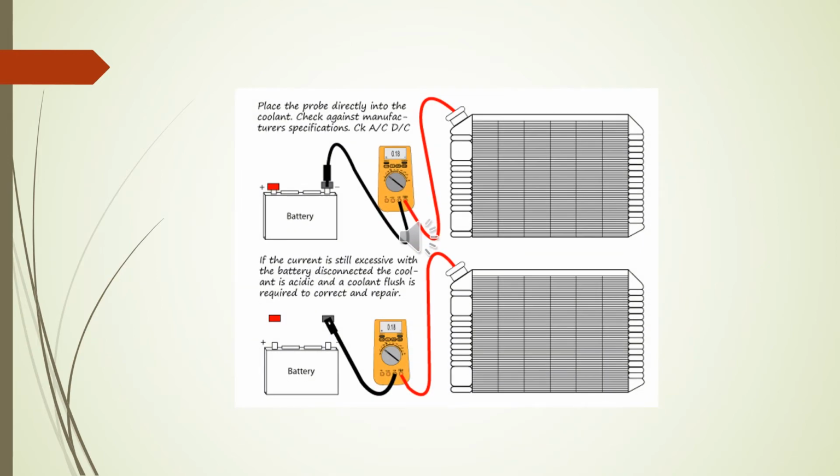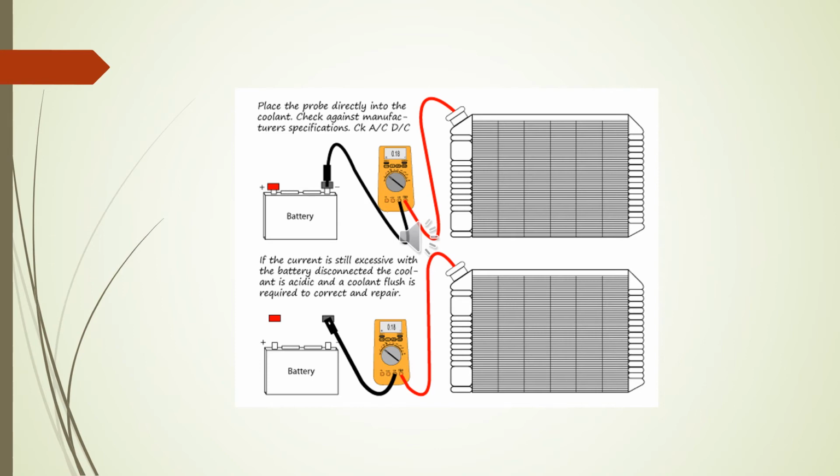This diagram is to show the ways of measuring or determining whether the coolant is corrosive or not. We know that acidic coolant is a catalyst to corrosion inside the cooling system of any automobile.